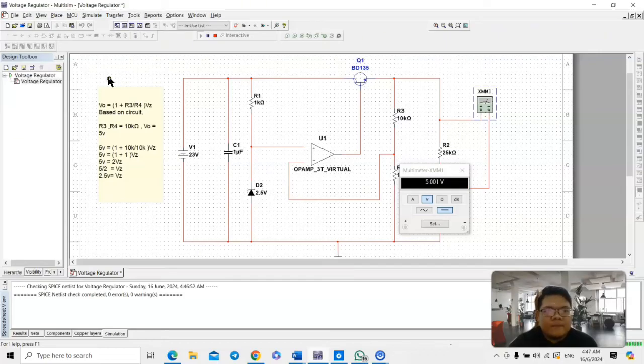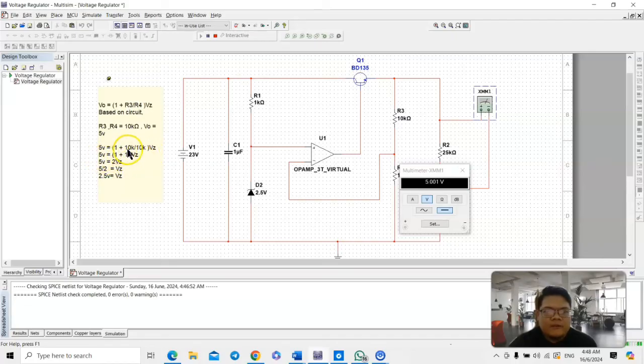As I said earlier, R3 and R4 are the same value, 10 kilo ohm, and the output voltage is 5 volt. We just put the values into the equation: 5 volt equals 1 plus 10 kilo over 10 kilo, multiplied by voltage Z.